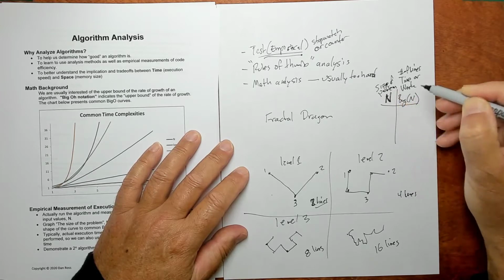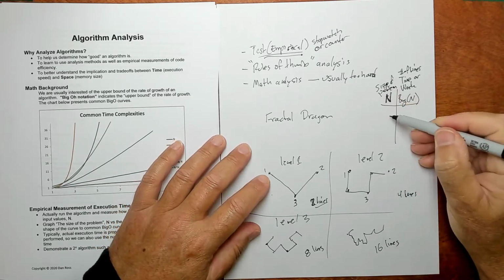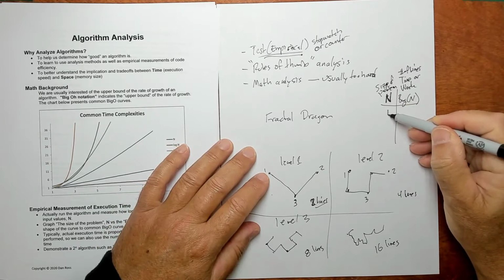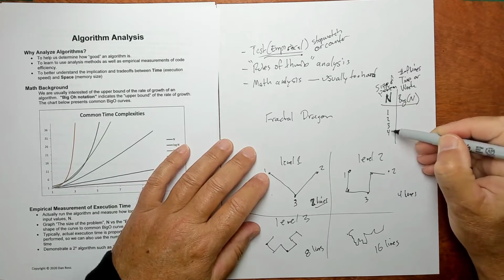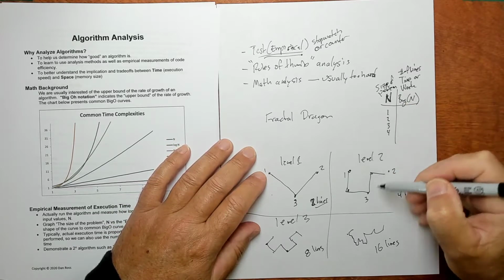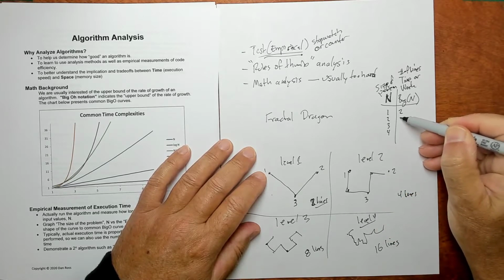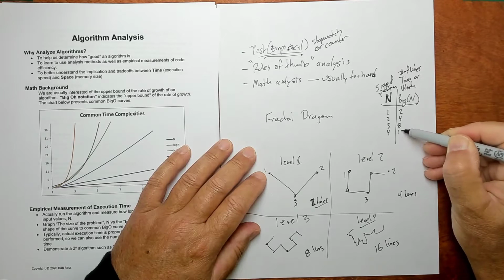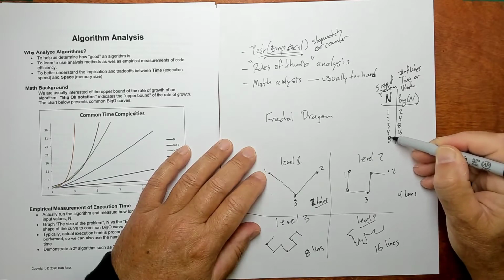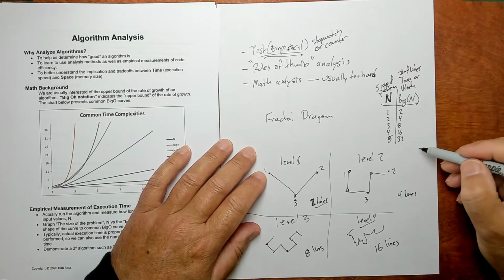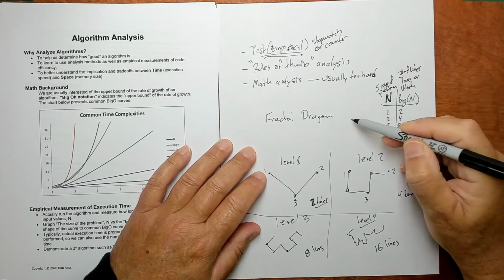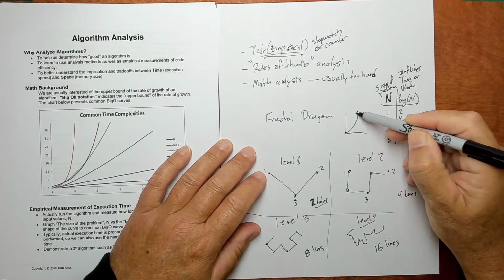We have to get into a little more detail, but if you look here, for level 1, level 2, level 3, and level 4, you're going to have 2 lines, 4 lines, 8 lines, 16 lines. So for level 5, I'm going to have 32 lines. If you graph this, it's going to look like this.